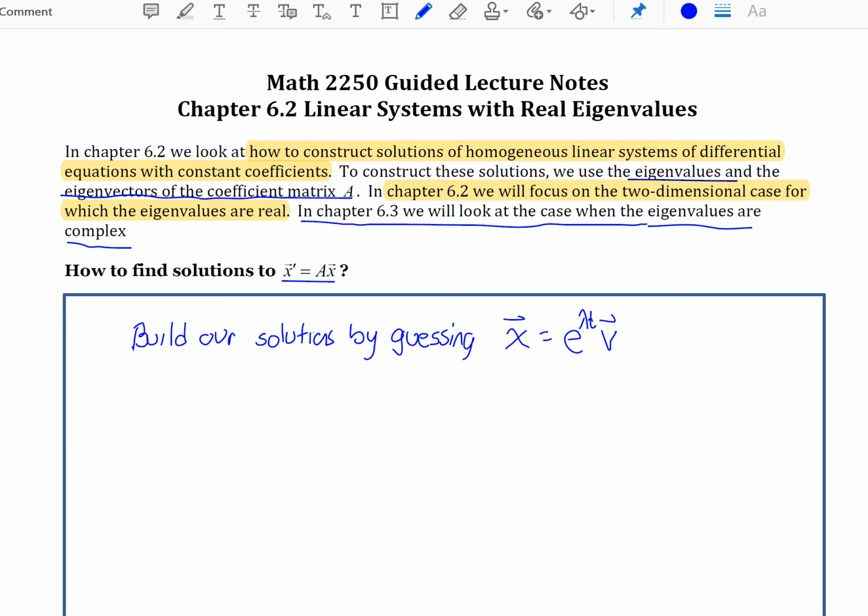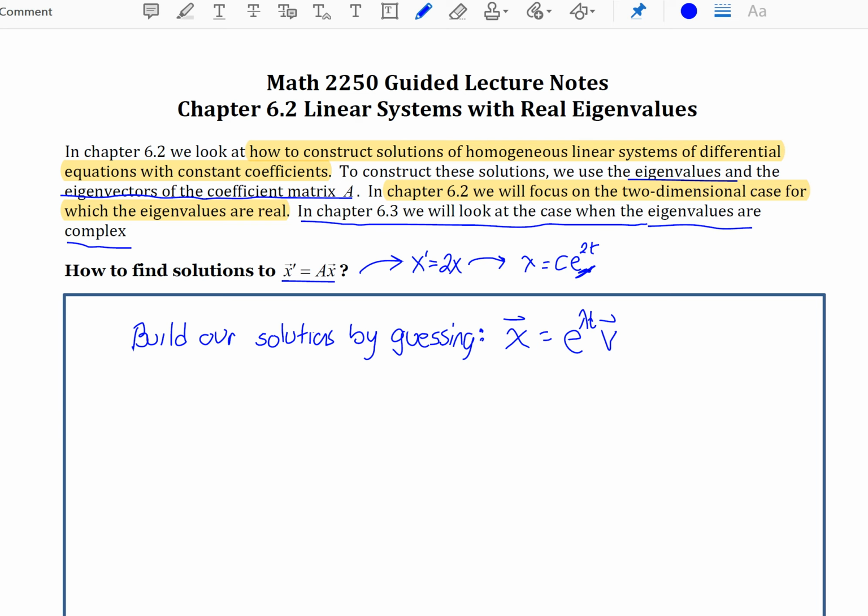And maybe this seems like a reasonable guess because this looks very similar to an equation x prime equals 2x whose solutions looked like x equals c e to the 2t. So we would have an exponential component and then some vector.